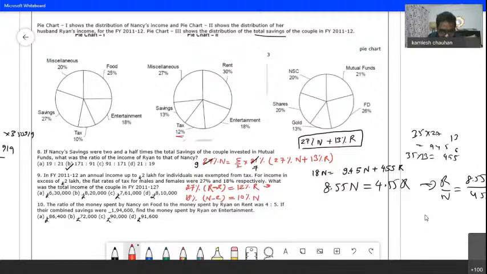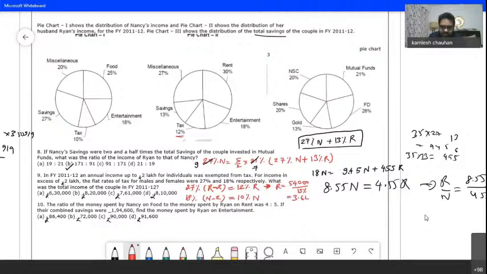Now from here we can calculate the income of Ryan, which is equal to how much? 27% of R, which will come on the other side. 15% of R is equal to how much? 54,000. So Ryan's income is 3.6 lakh.